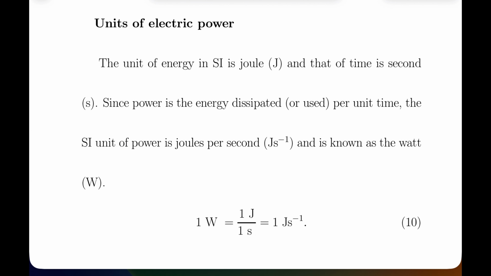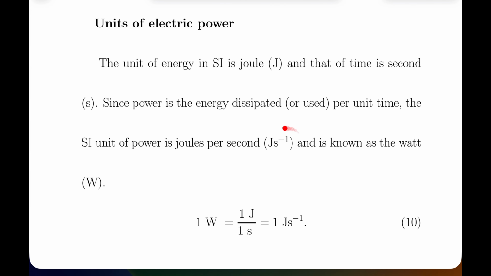Now we come to units of electric power. The unit of energy in SI is joule and that of time is second. Since power is the energy dissipated or used per unit time, the SI unit of power is joule per second and is known as watt.